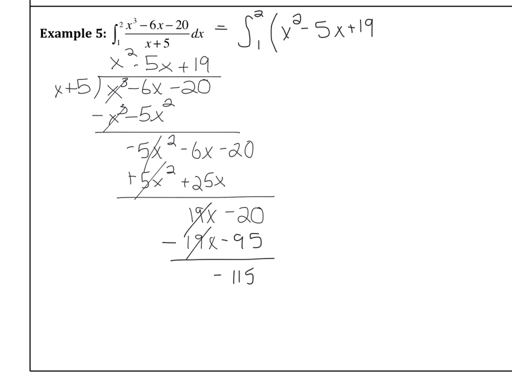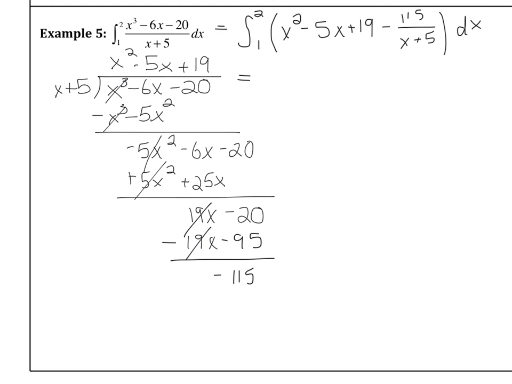So really, the remainder is negative, so we'll have a negative 115 over x plus 5 dx.